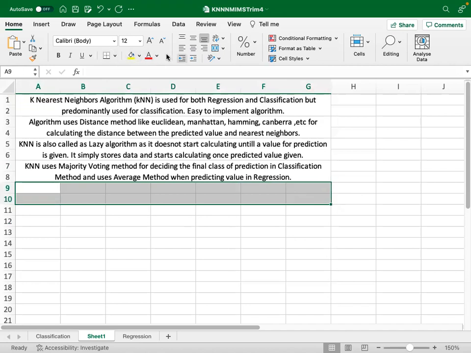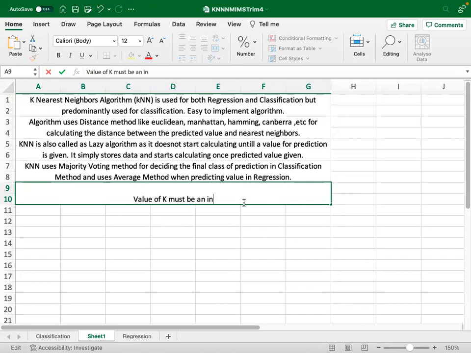One other thing is the value of K. The value of K must be an integer. Integer means a discrete value, 1, 2, 3, 4, right?